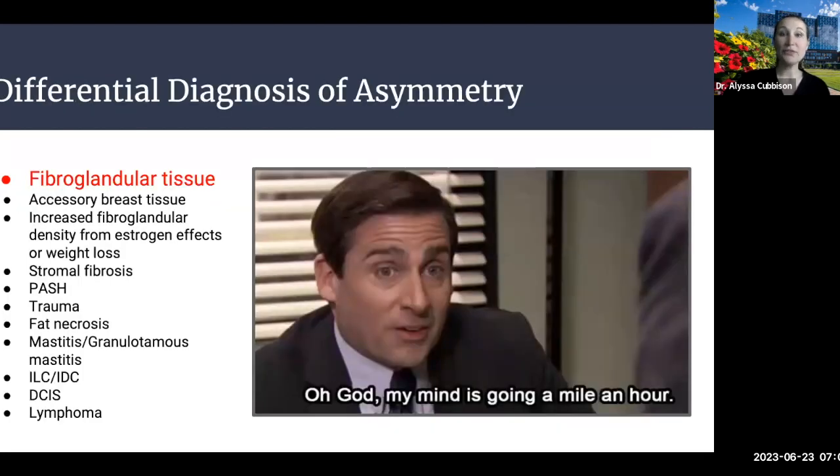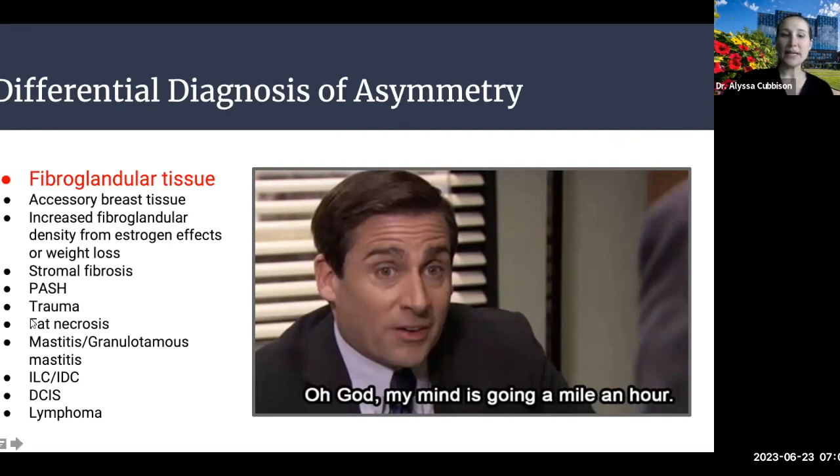The differential diagnosis for asymmetries is very long, for any Office fans out there in the audience. And certainly if you're just looking at a screener, it's pretty difficult to definitively differentiate any one of these things. More information would need to be had.